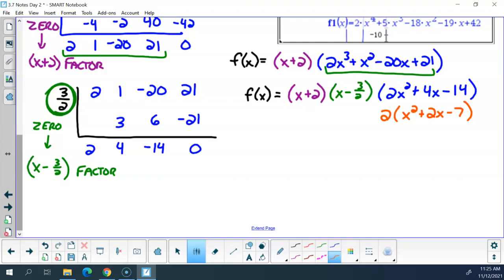Nope. Okay. So f of x in completely factored form is 2 times x plus 2 times x minus 3/2 times x squared plus 2x minus 7.